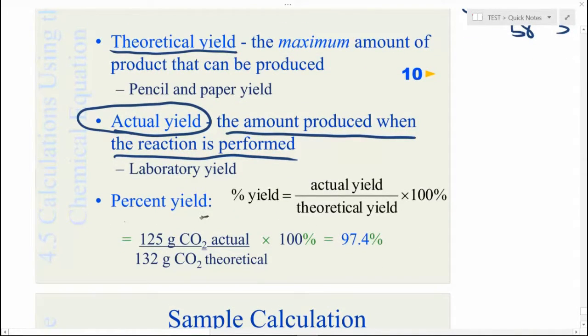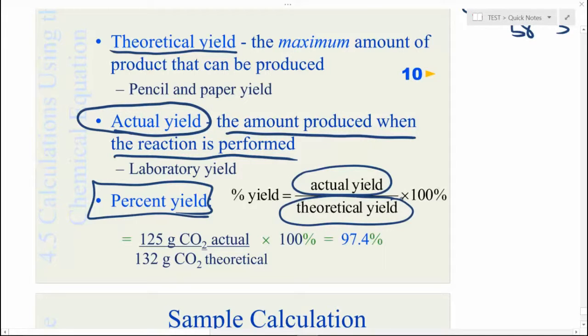So that's why we calculate things called percent yields. The percent yields allow us to calculate how well you actually did the reaction compared to what you should have accomplished. And a percent yield is simply equal to the actual yield that you find in the laboratory divided by your theoretical yield that you calculated and then multiply it by 100.